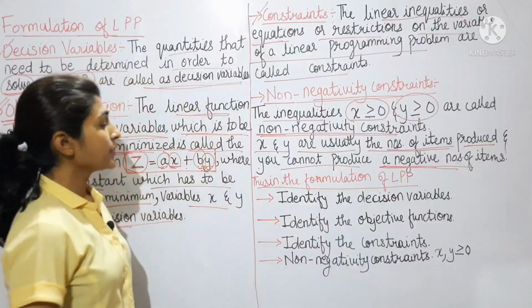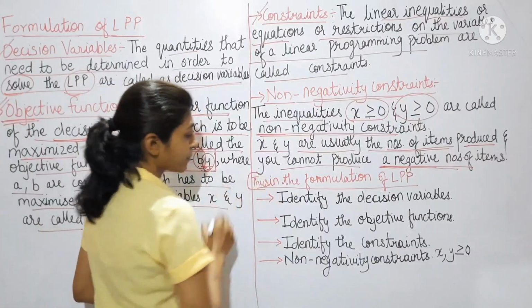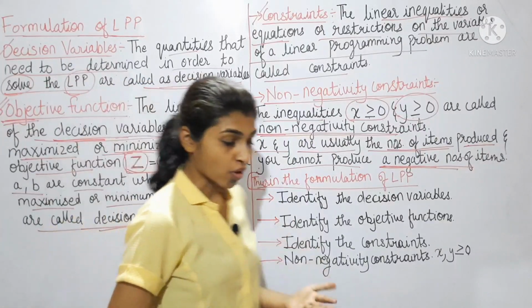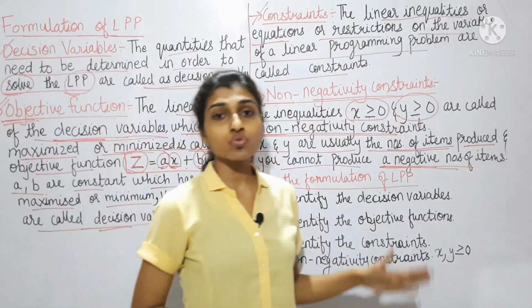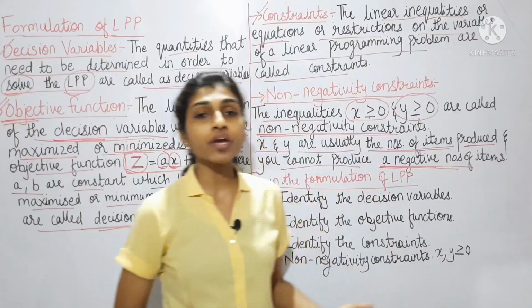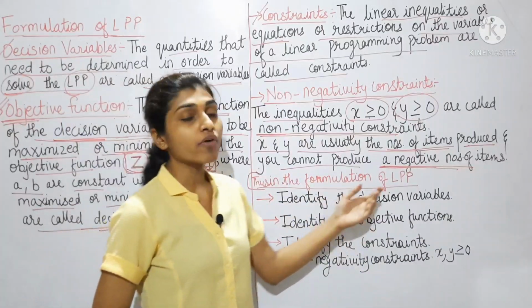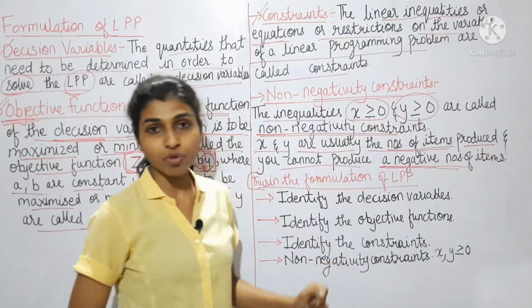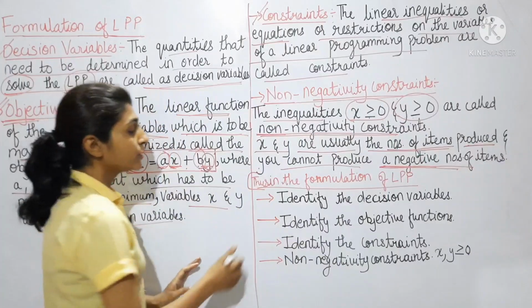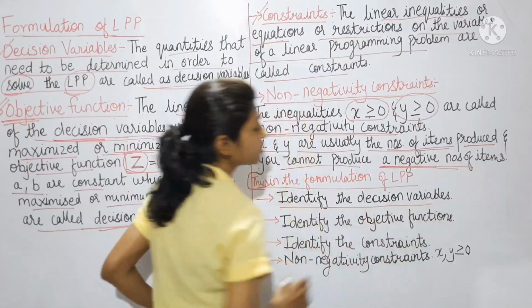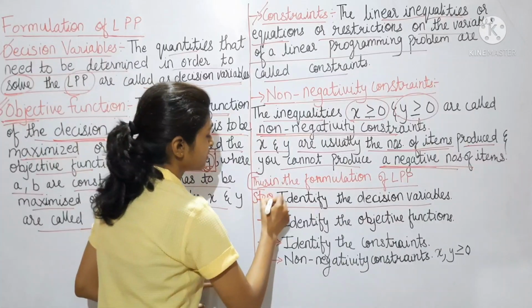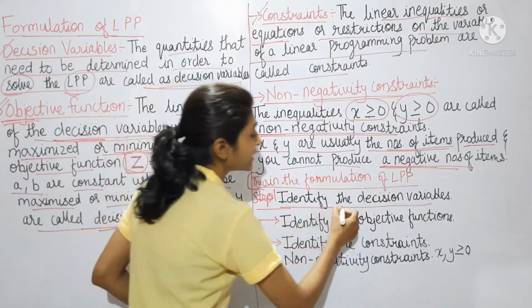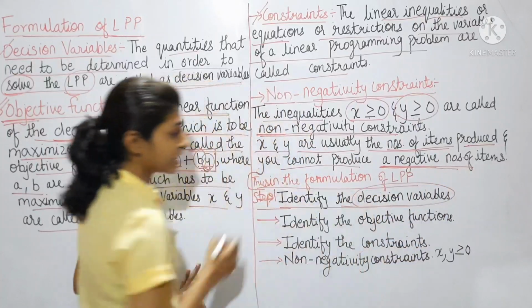Now next we'll see how to formulate an LPP. If there is a problem or an example, what are the steps to formulate a linear programming problem? First of all, you need to identify the decision variable. Step 1 is to identify the decision variable.